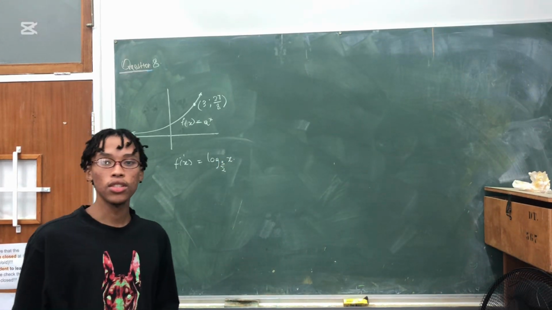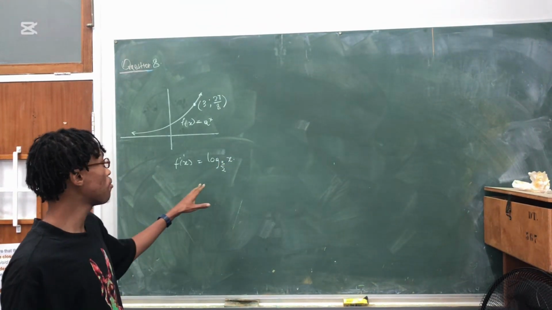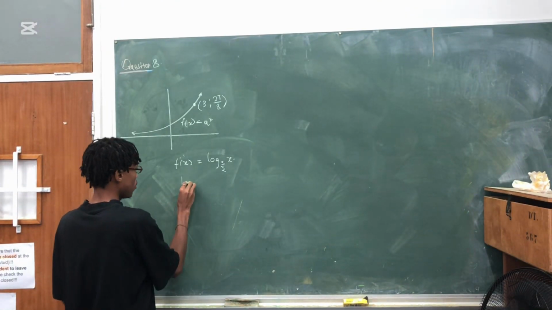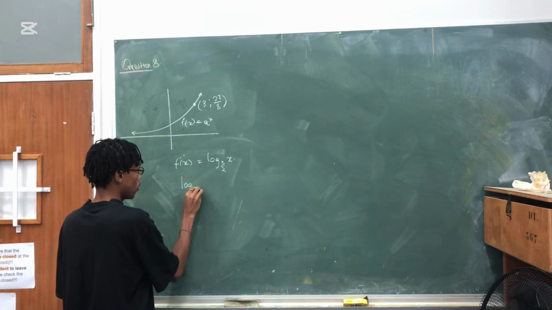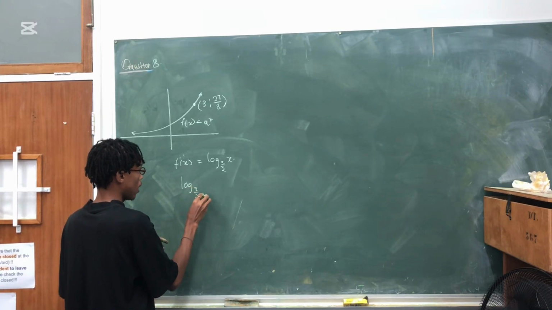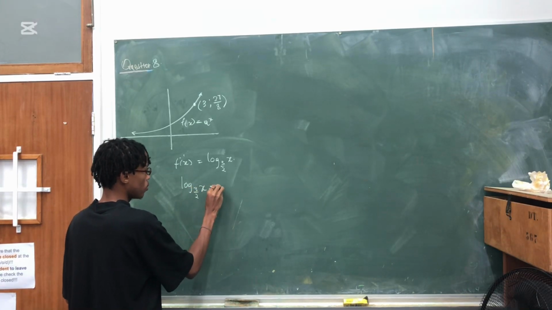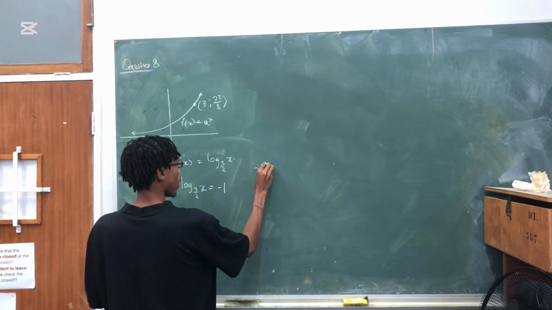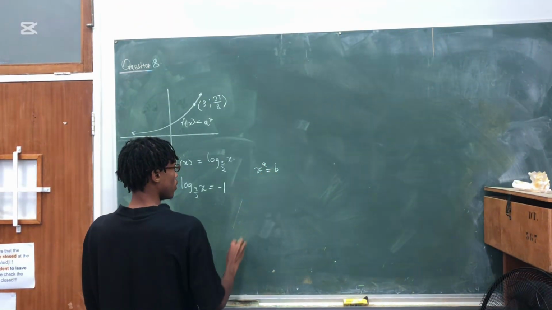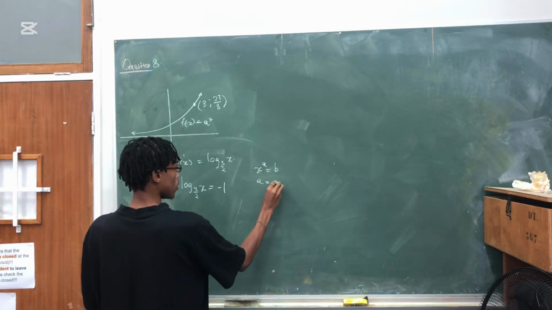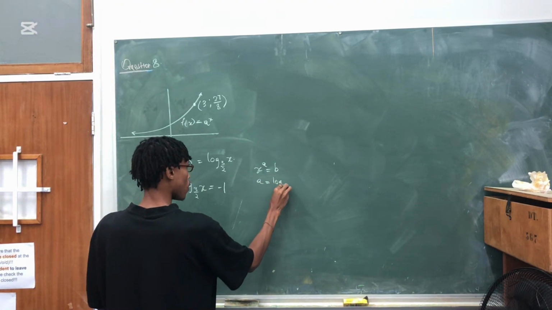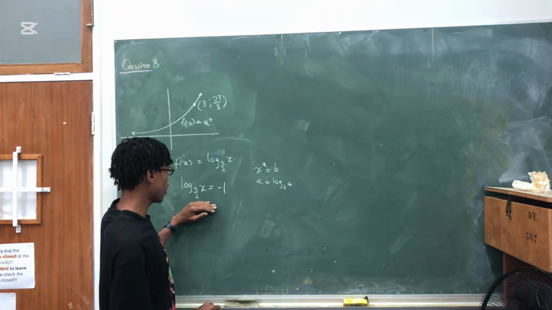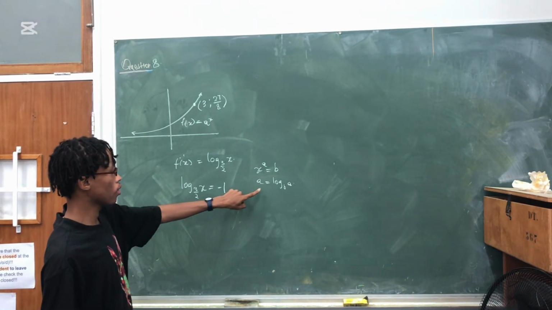Now, we need to determine the values of x for which the inverse is equal to -1. Remember, x to the power a is equal to b, but a is equal to log b base x.